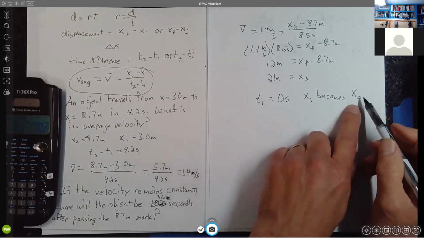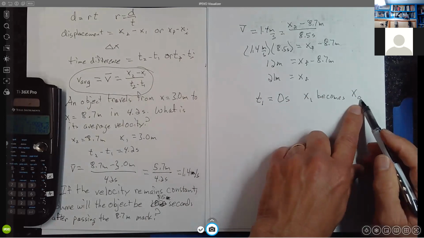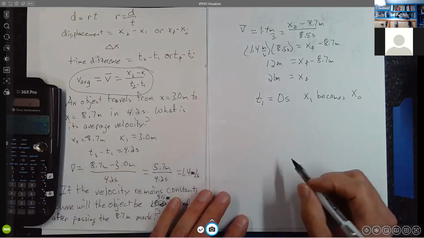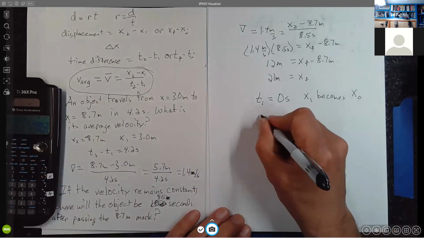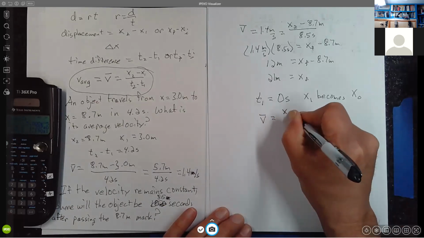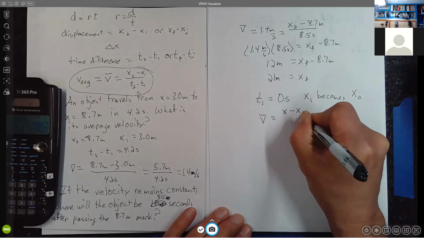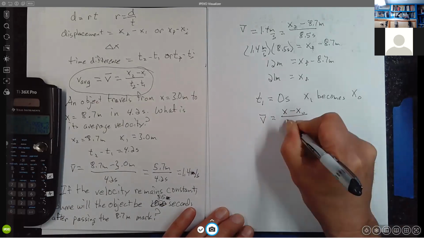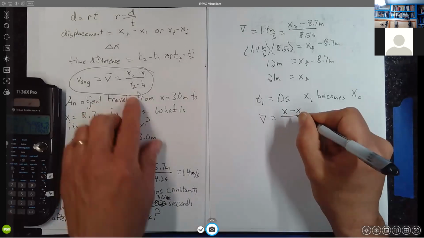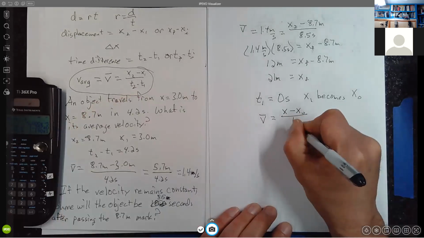But what that means, whenever there's a subscript of 0 on something, is it's the position when the time is equal to 0. And when that's the case, that average velocity equation looks like this. It becomes just x minus x naught divided by, well, the second time, instead of t2, I'm going to let it just be t.